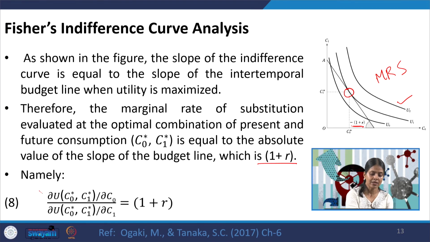So, this is the marginal utility from present consumption, this is the marginal utility from future consumption, and the ratio equals 1 plus r. This is basically the condition through which we decide what should be the optimal combination of consumption in two periods.